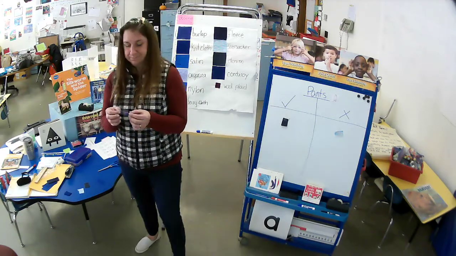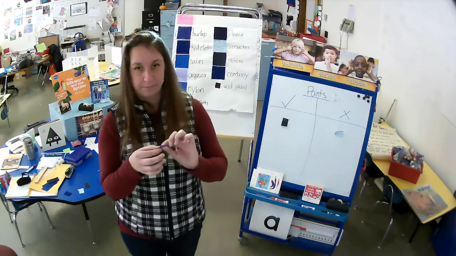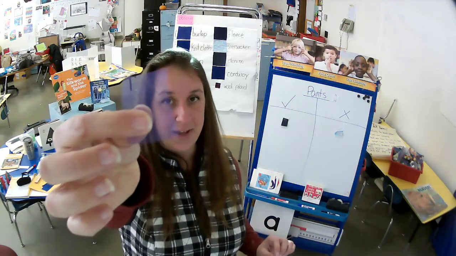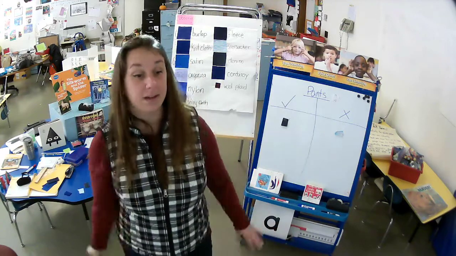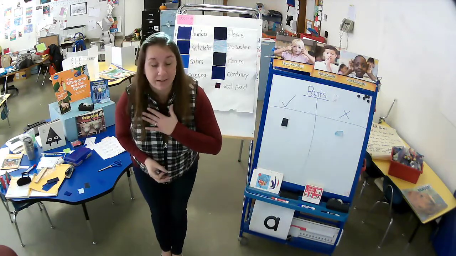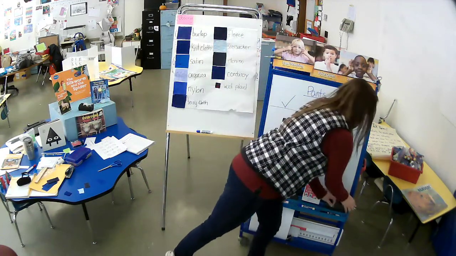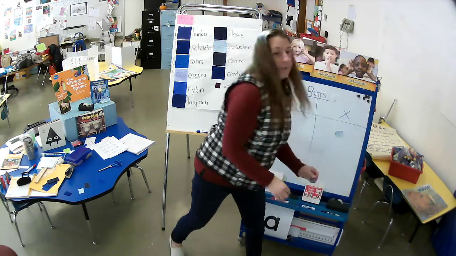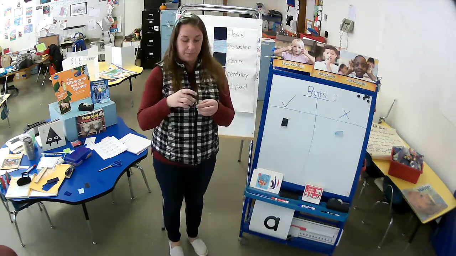Here's another one. Organza. Well, for me, I'm going to say, and you guys are using glue, I have to use tape because I'm showing you up on the board.